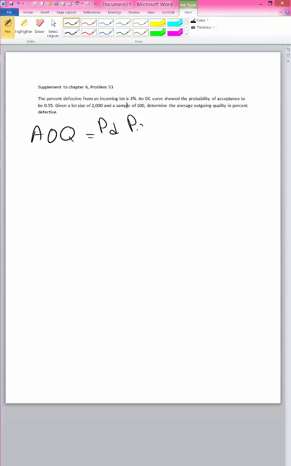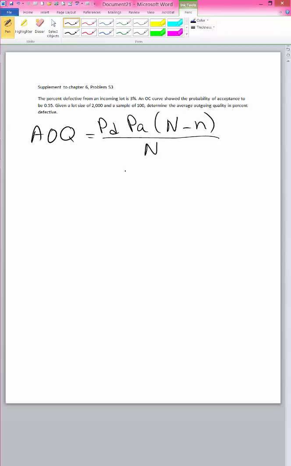Then there is P sub A, and that's the probability of accepting the lot for a given sample size that has a certain quantity of defects in it. Then you have capital N and lowercase n. Capital N is the lot size, how big the lot or the batch is that you need to send to the customer, and lowercase n is the size of the sample. And you divide all that by capital N.